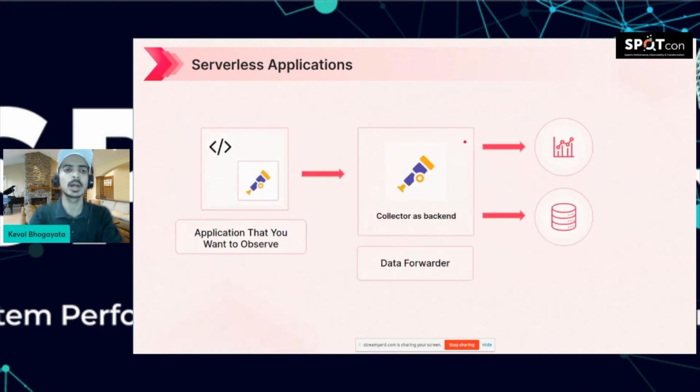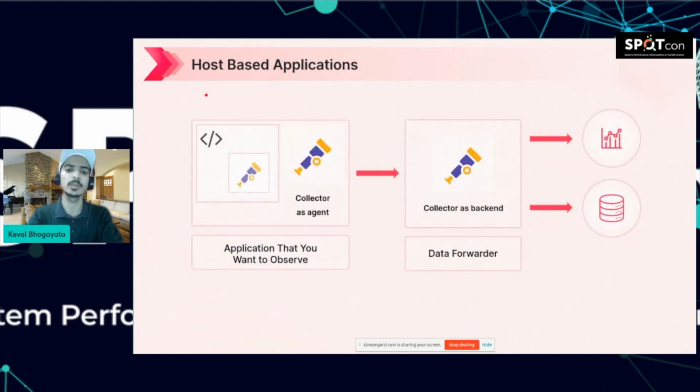But let's say you are running a serverless application like a Cloudflare worker, then your npm library will send data directly to your backend, and it will further send data to your storage and visualization platform. So this is how it works on both platforms.